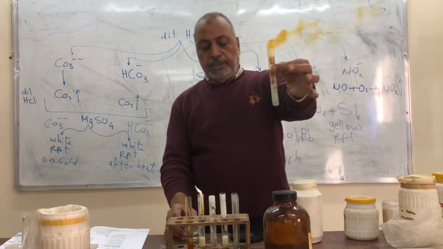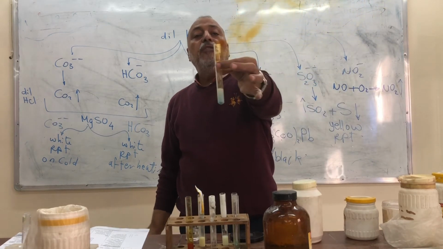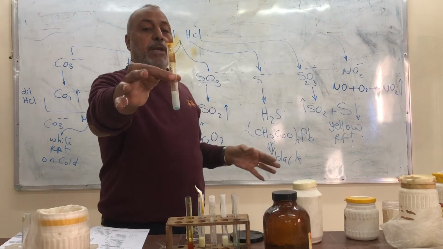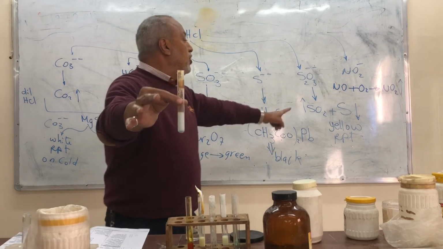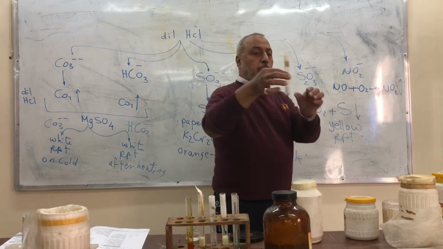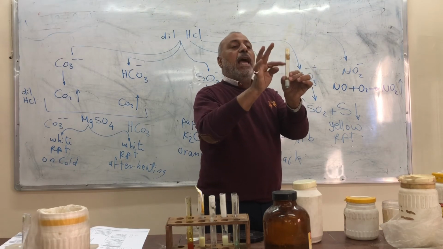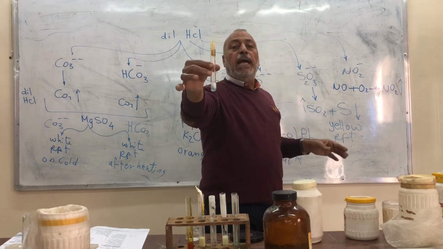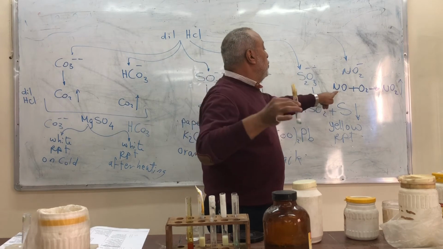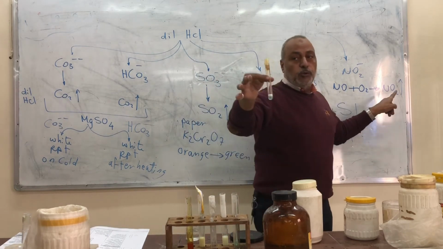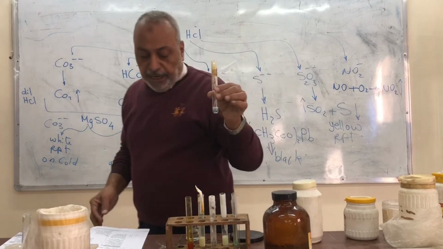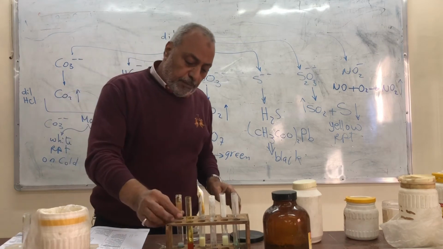We will notice that brown fumes will form. Brown fumes are due to formation of NO gas, which is colorless and changes into brown at the mouth of the tube due to formation of NO2. This is the nitrite.